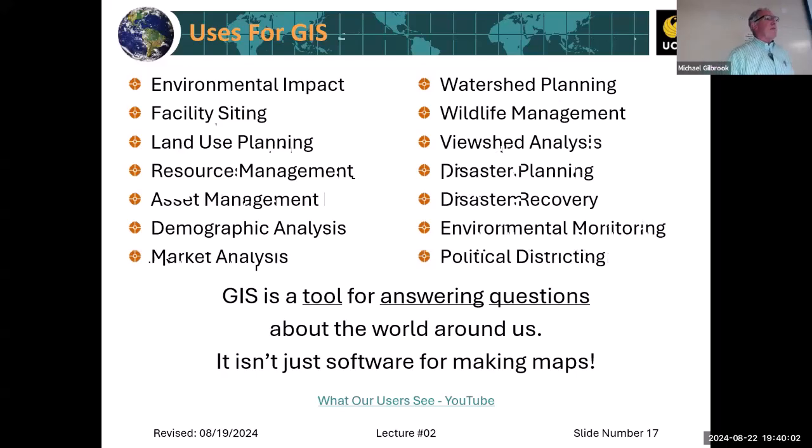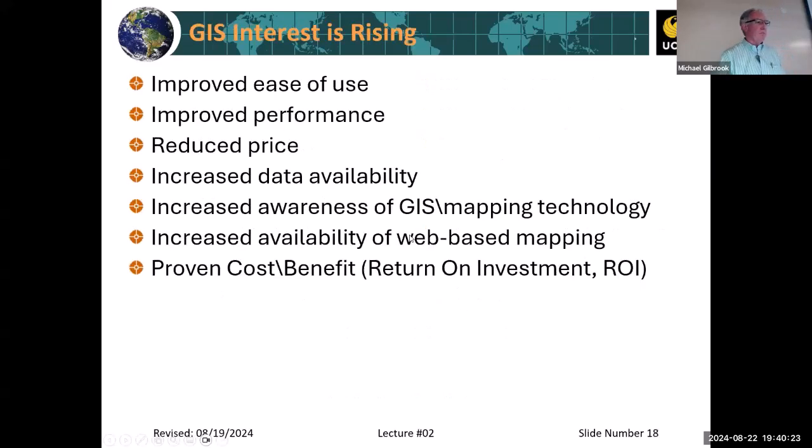I want to keep emphasizing that GIS is not about mapping. It's about answering questions about the world around us. It isn't just software for making maps. Maps are the byproduct, the way that we communicate our findings to other people. Like these guys.